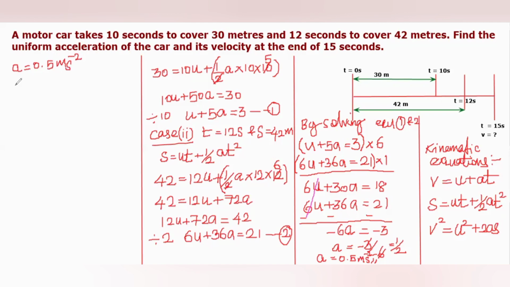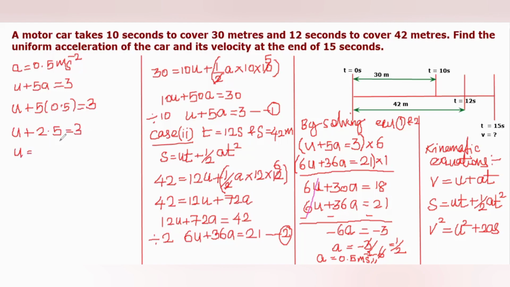In the first equation, u plus 5a equal to 3. Instead of a, substitute 0.5. So u plus 5 into 0.5 equal to 3. If you multiply this, we will get 2.5, so u plus 2.5 equal to 3.